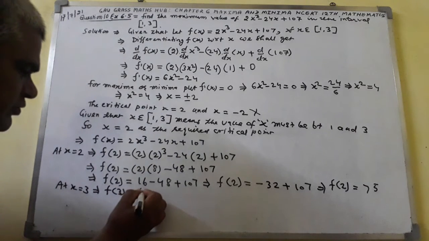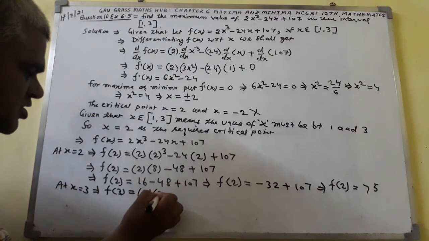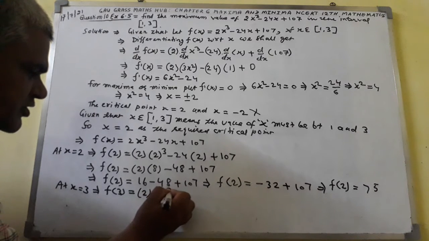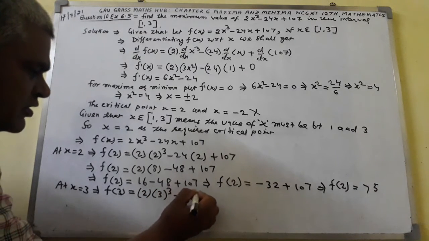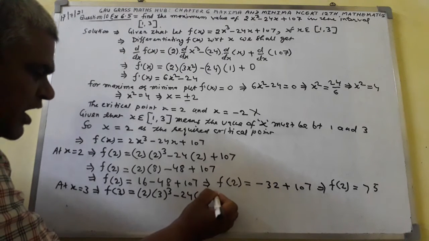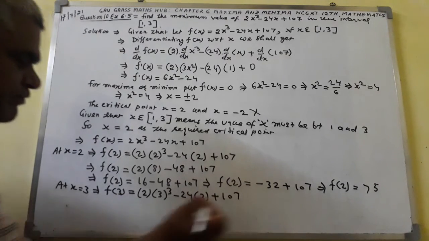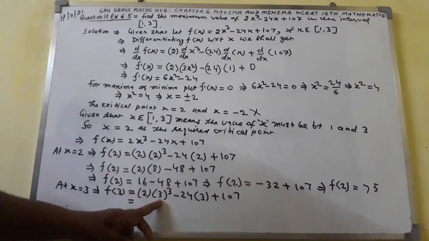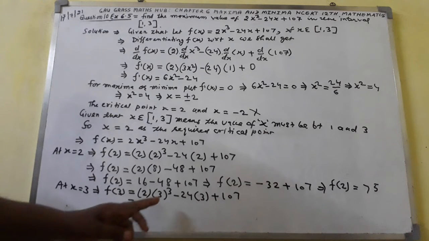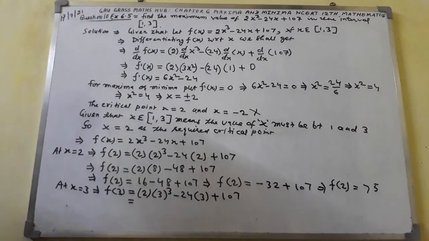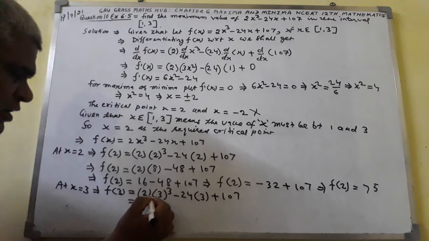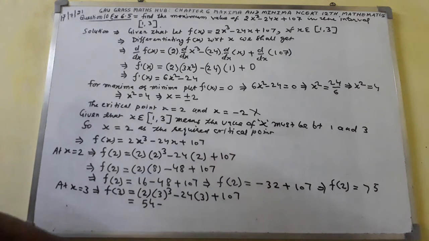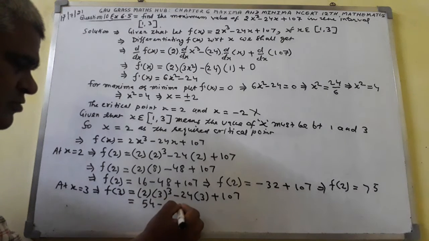equals 2 times 3 raised to the power 3, minus 24 times 3, plus 107. So here just calculate: 3 threes are 9, 9 threes are 27. 27 multiplied by 2 comes out to be 54.